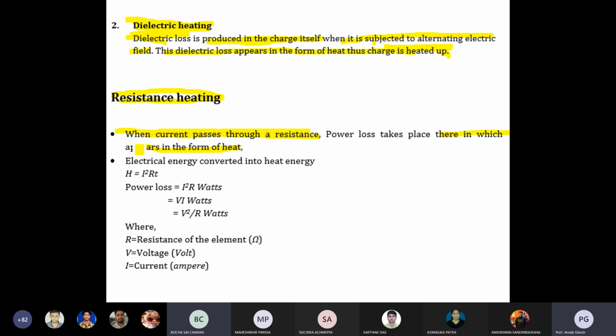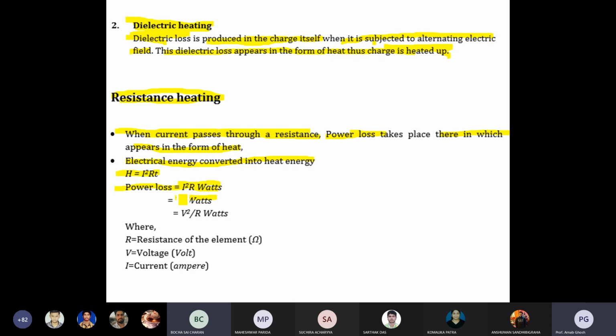Conservation of energy means energy cannot be destroyed or generated, it can only be converted. The electrical energy is converted into heat energy, H equals I square R T. Power loss equals I square R watts.